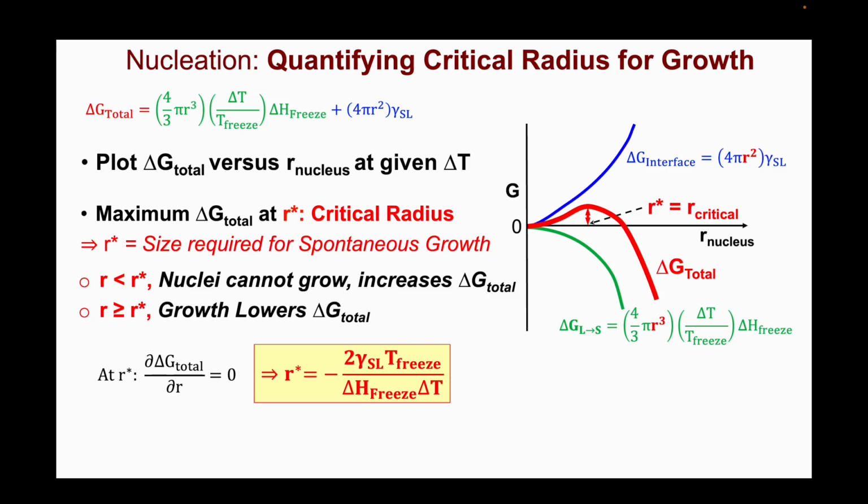We see, for a given system, with a given gamma, T freeze and delta H freeze, the critical size for growth decreases as the degree of undercooling, delta T, increases. In other words, as temperature is lowered further and further below the equilibrium freezing point, the size of the nuclei required for growth becomes smaller and smaller.